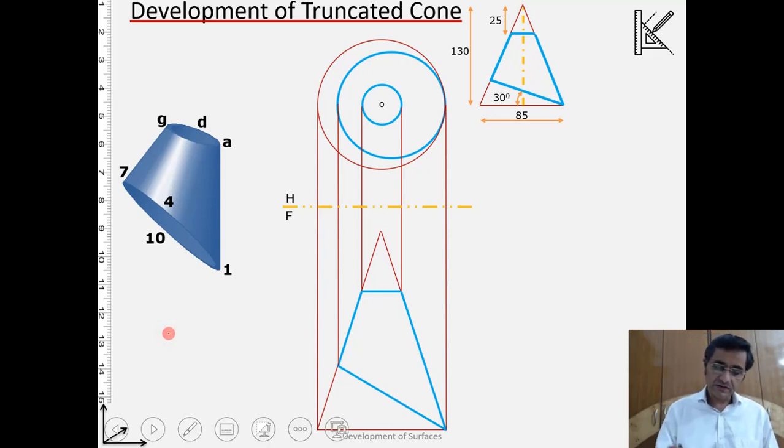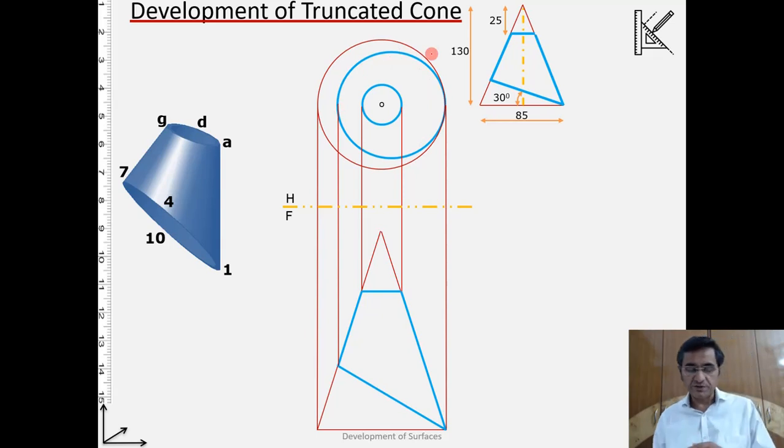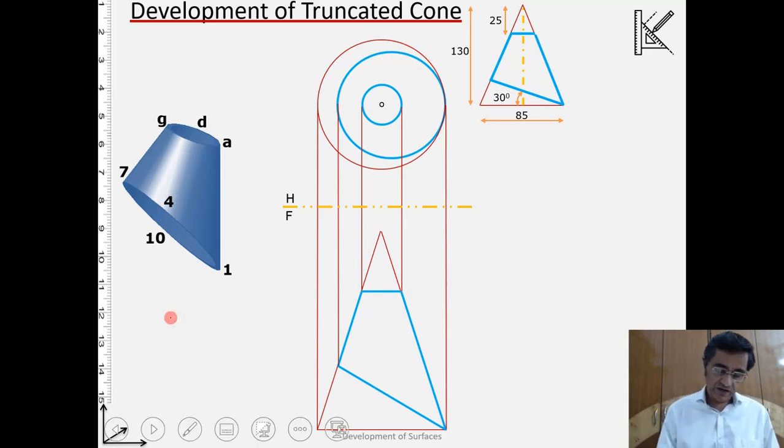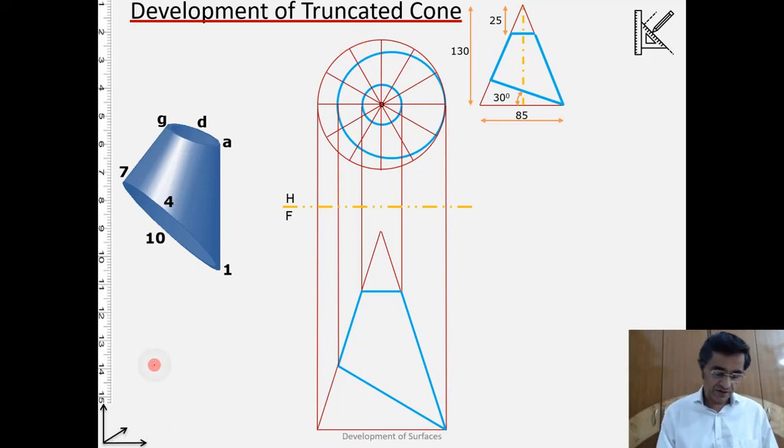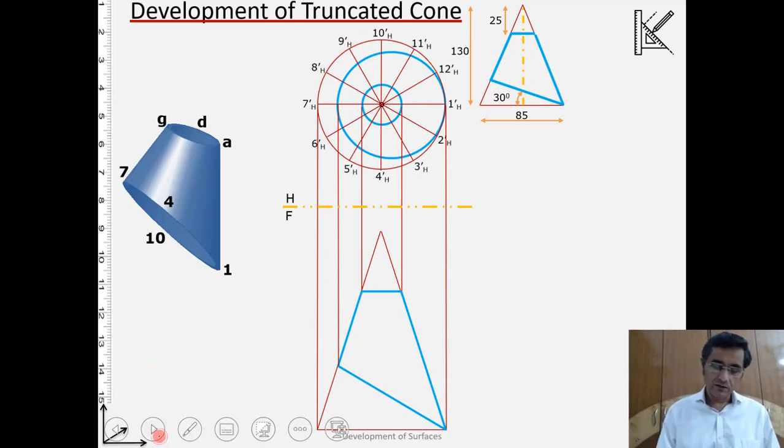First of all, because it's a round surface, I would like to create certain parts of it so that I can create small chords for help in transferring the details. So for that I will be giving certain names. So these are the divisions that I have made, and then I give the names.